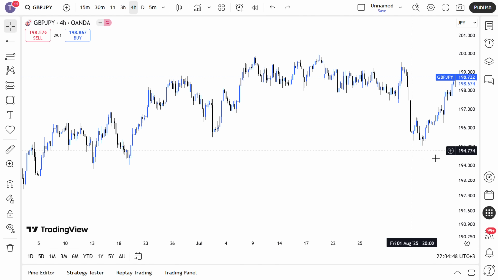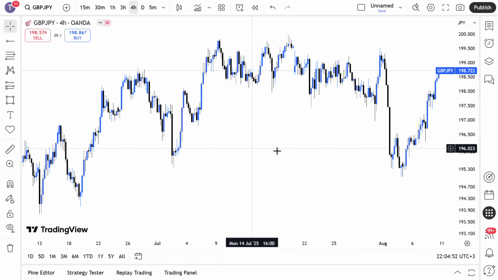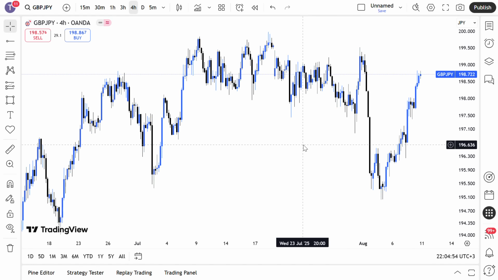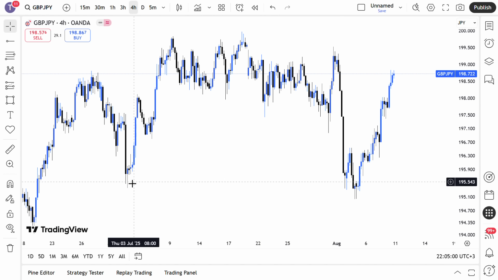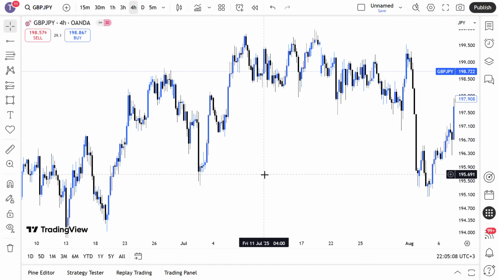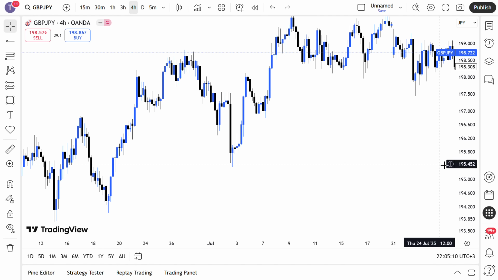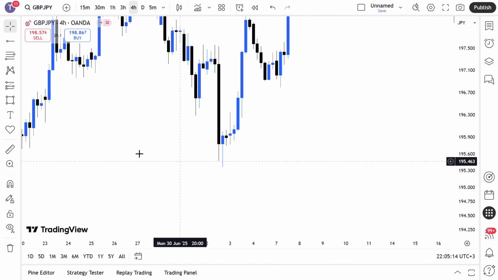So this last strong low was this one that broke structure after sweeping liquidity. If this low is being taken out or cleared out, that means we have our change of character. The market actually did that, and I'm going to show you how the market did that.